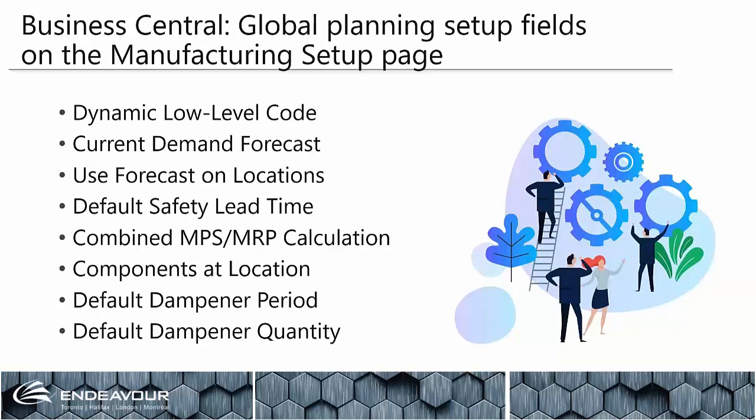So you will see default safety lead time in both pages. However, the local setup on the item card for safety lead time takes priority over the global setup of default safety lead time. If you do not happen to have a safety lead time identified on the item card, then the system will take a look at the global setup and honor that as a default value.